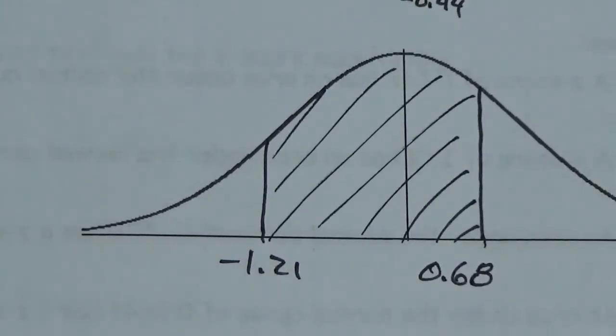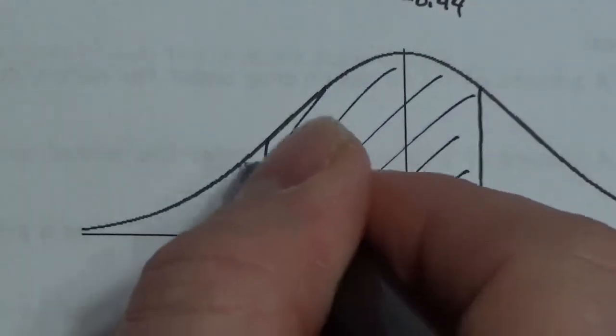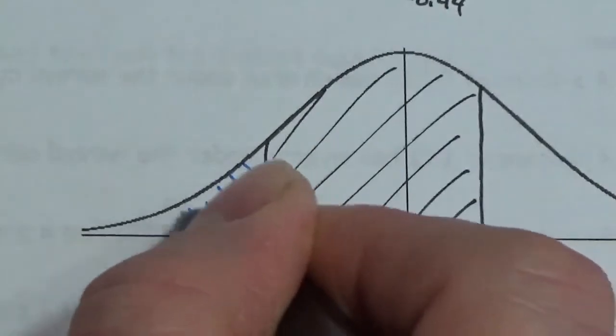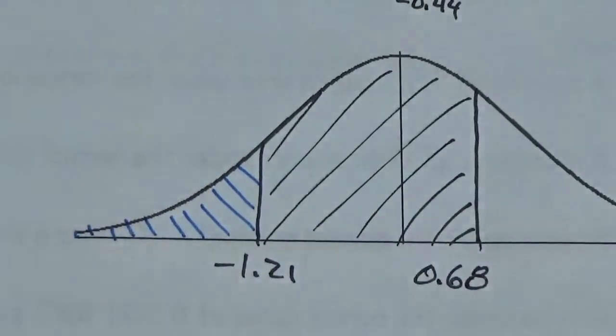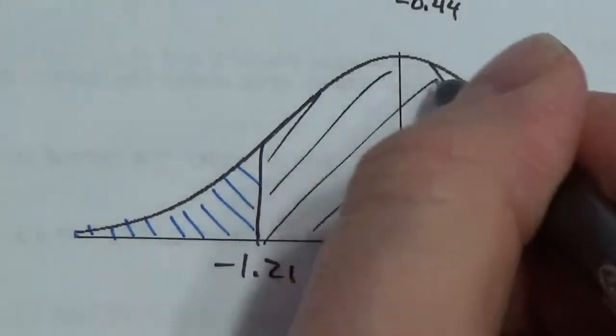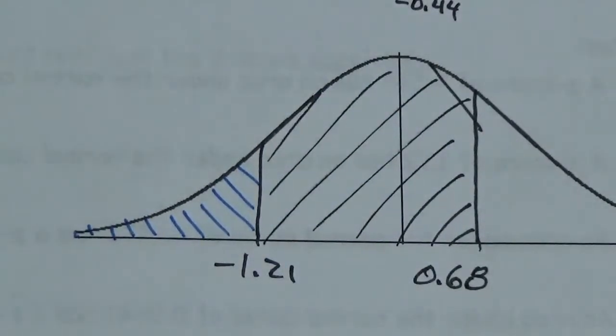Now, so let me go grab another marker here. When I look these two values up on the chart, negative 1.21 is going to give me this right here. That's the area that I'm going to get when I look up negative 1.21 on the chart. When I look up positive 0.68 on the chart, whoops, sorry, that's not the one I wanted. I wanted that one.